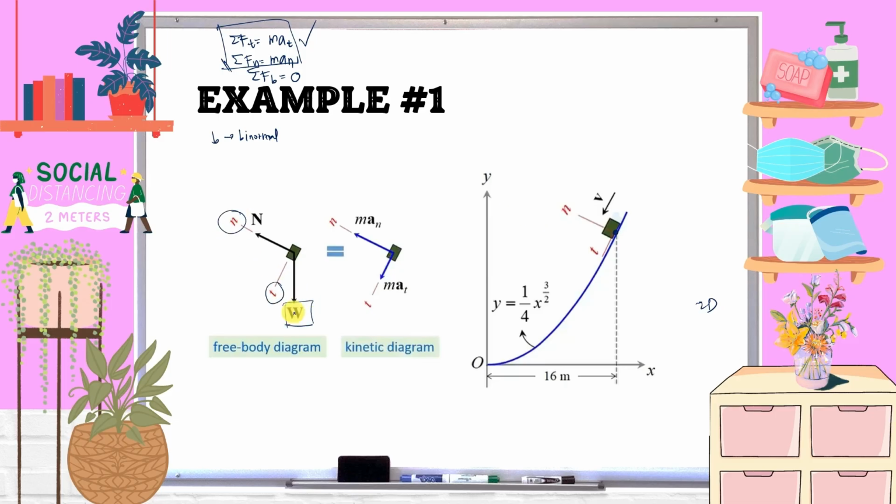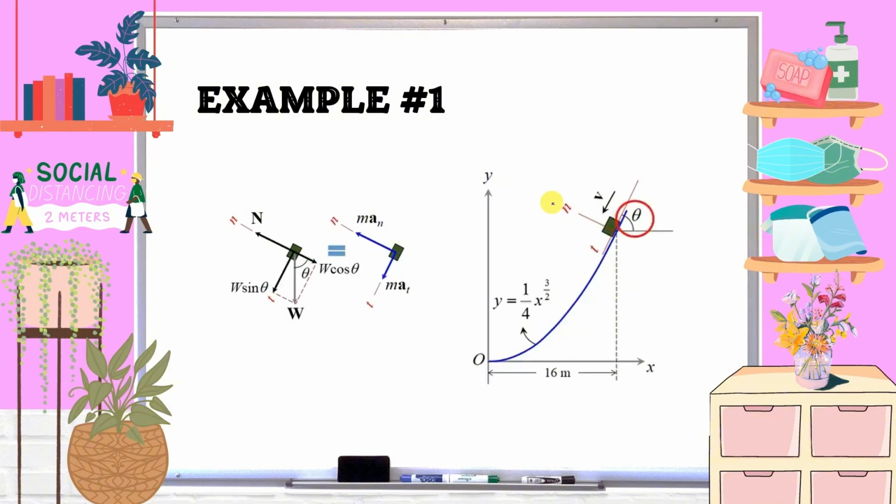And as you notice, the weight is still not along the normal and tangential axes. Using this derived representation of the free body diagram and kinetic diagram using the angle theta, upon rotation of theta, we can now create the equation: the summation of force along tangential and the summation of force along normal, mass times acceleration, and normal.